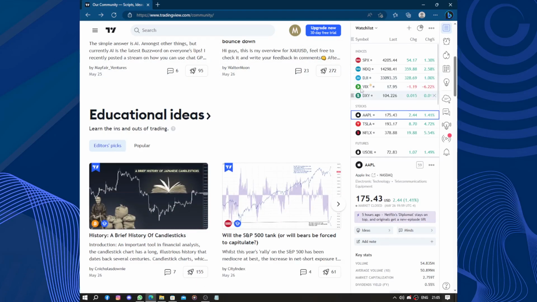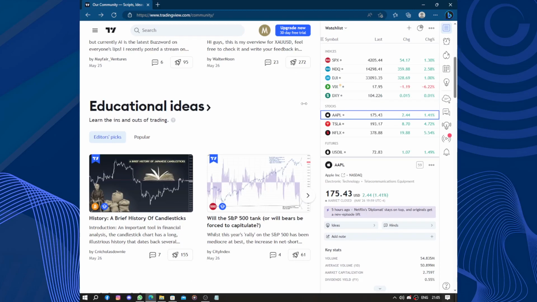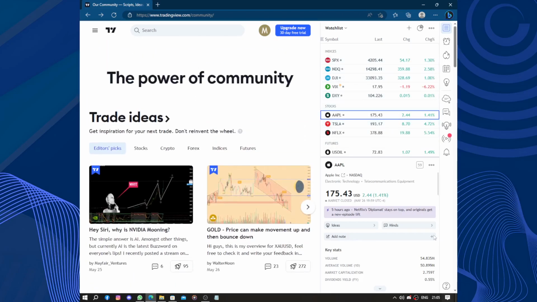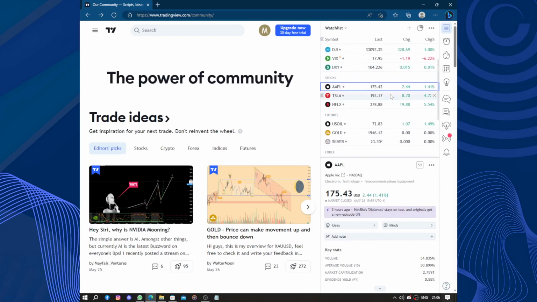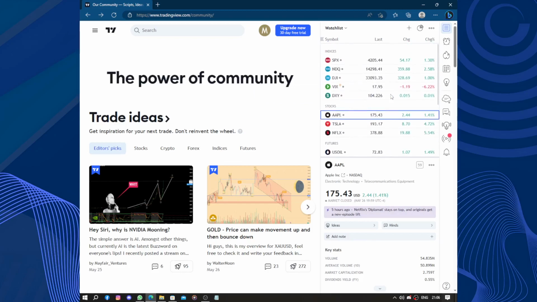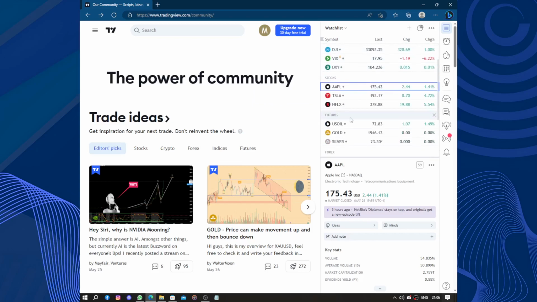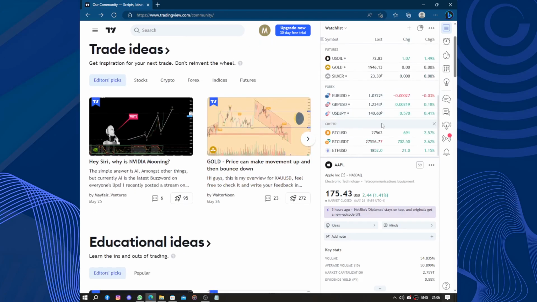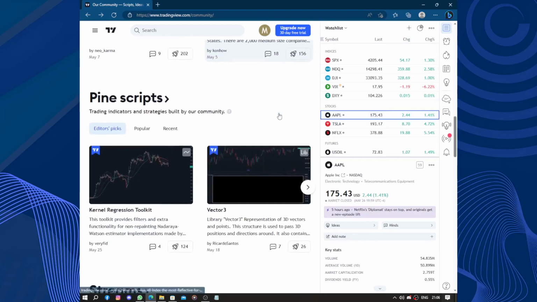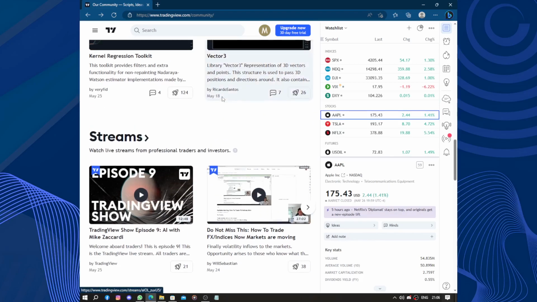And here on the right, we have the pricing of, okay, here we have Apple, Tesla, Netflix, and many other companies. Their pricing at the actual time now is 21:05:06, and this is the pricing for now and the change with it, for indices, stocks, futures, forex, crypto coins, and others. So we have Pine scripts, streams.